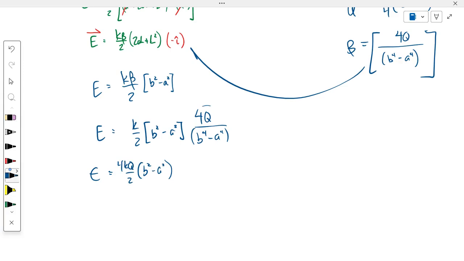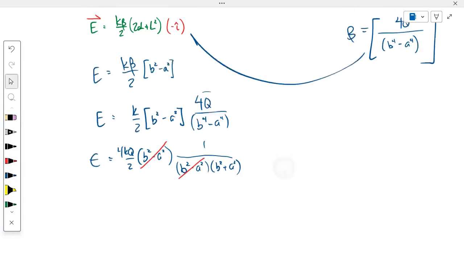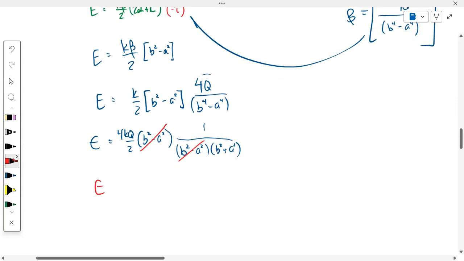And then look, this is 1 over, oh look, it's b squared minus a squared, b squared plus a squared, right? Sure. And then one of these goes. I don't feel too bad about that. E is 2KQ over a squared plus b squared. All right, fine.